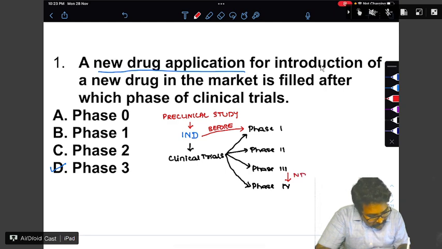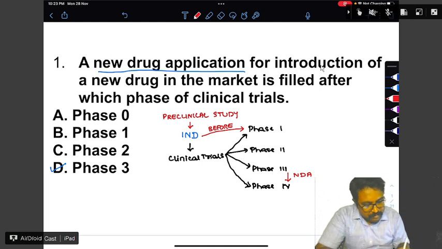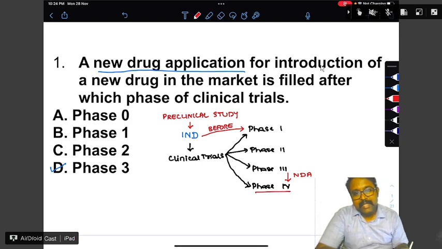New drug application will be applied to the regulatory agencies. Once the new drug application is approved, the drug will be marketed. That is the phase 4 clinical trial.